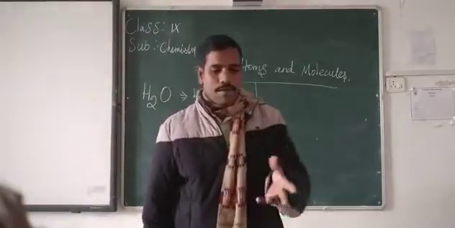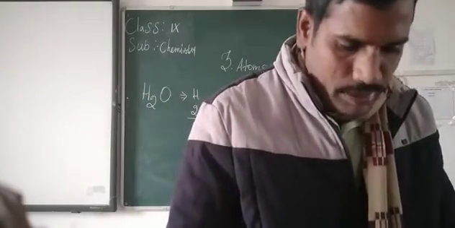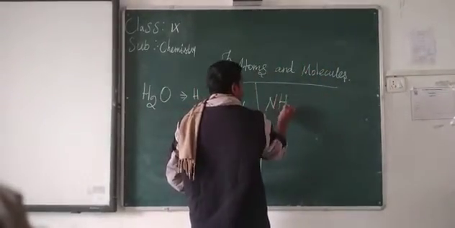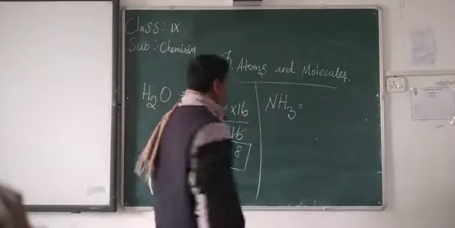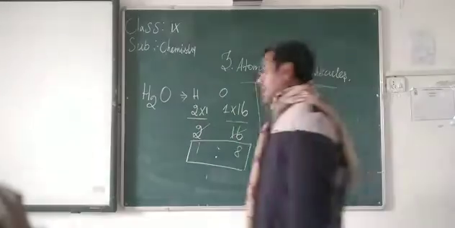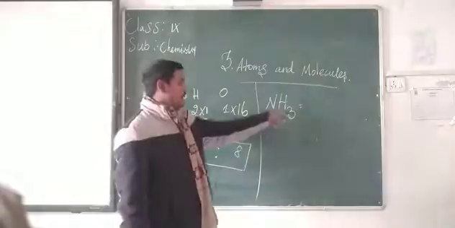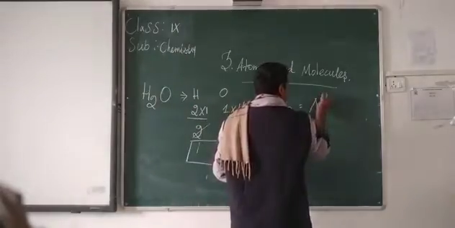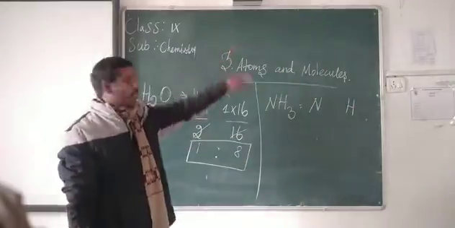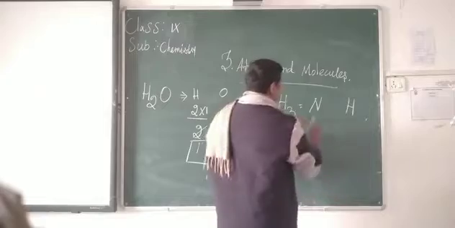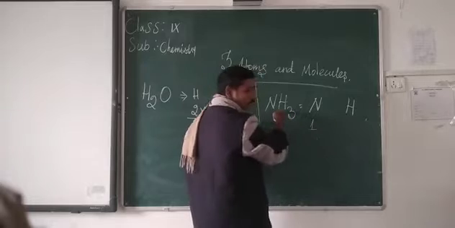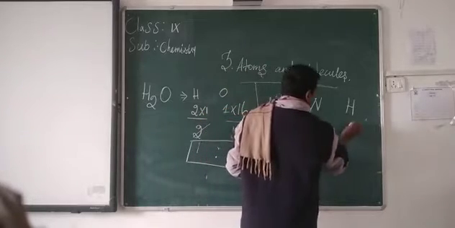In the same way, for the other one let's take ammonia. In ammonia, what elements are present? Nitrogen and hydrogen. How many nitrogen atoms are present? 1. Then how many hydrogen atoms are present in the ammonia molecule? That is 3.